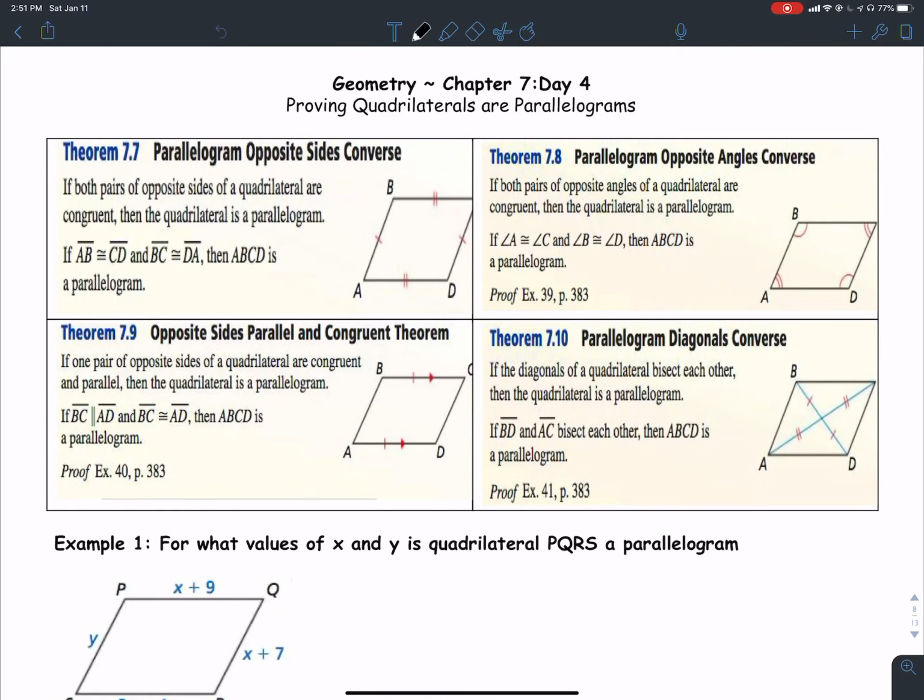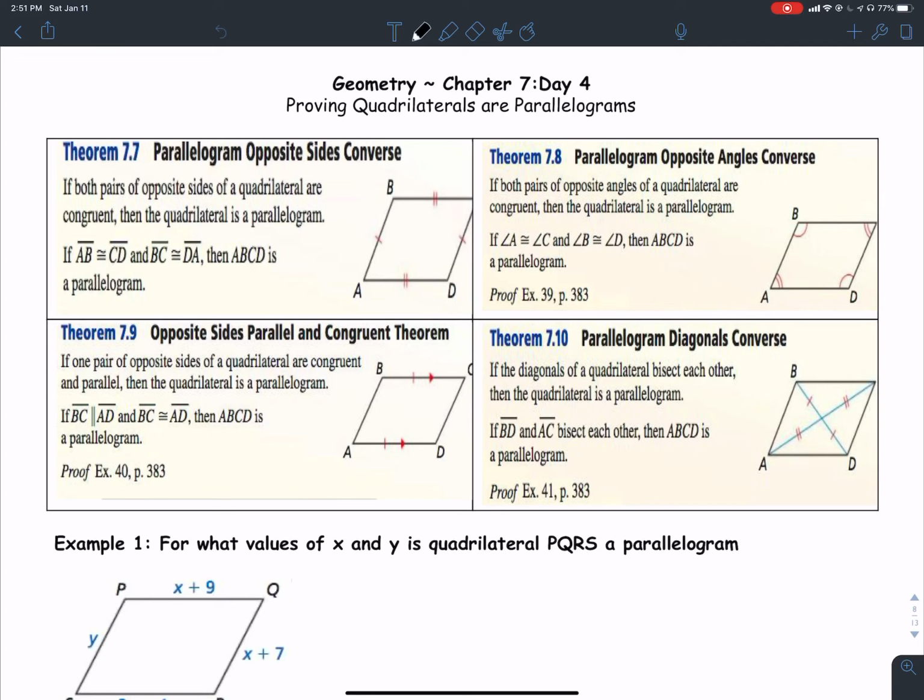All right, so day 4, we're going to be looking at our quadrilaterals, so parallelograms. So different types of quadrilaterals, and we've already looked at parallelograms, but then proving that a quadrilateral is a parallelogram.